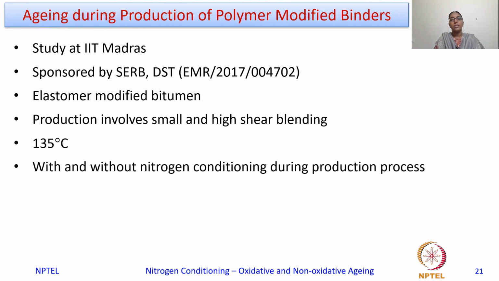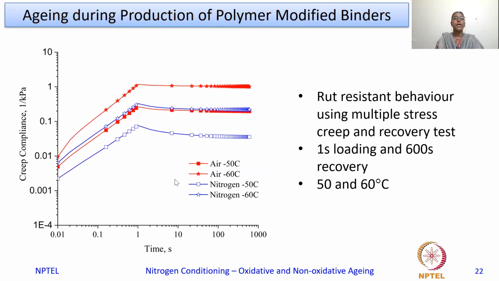In order to separate out the effect of aging due to the presence of air and the absence of oxygen, conditioning with and without nitrogen was used during production. The performance of the modified binders produced in the nitrogen conditioned atmosphere as well as the air atmosphere was tested using various experiments.